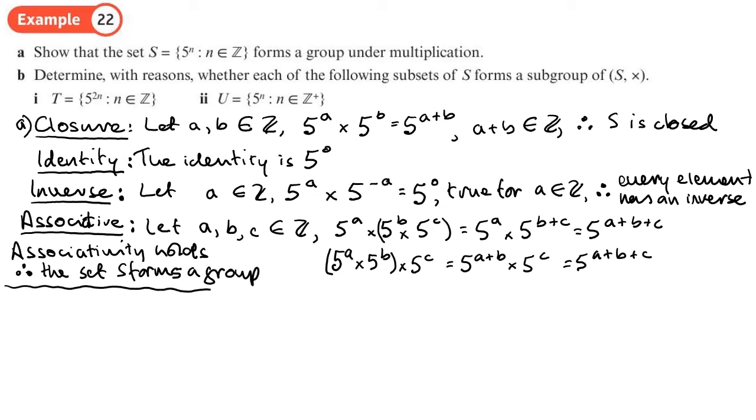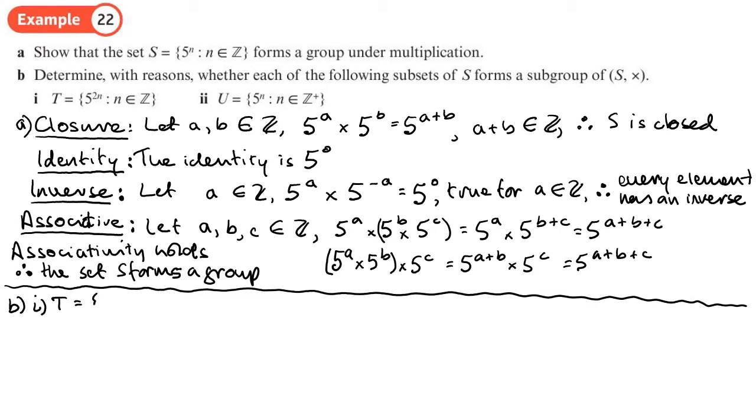Okay, part b, what we want to do is determine whether each of these subsets of S, again under multiplication, forms a group. So we're going to be checking group T, where T is the set of powers of 5 to the power of 2n, where n is an integer. Right, so is the group closed?